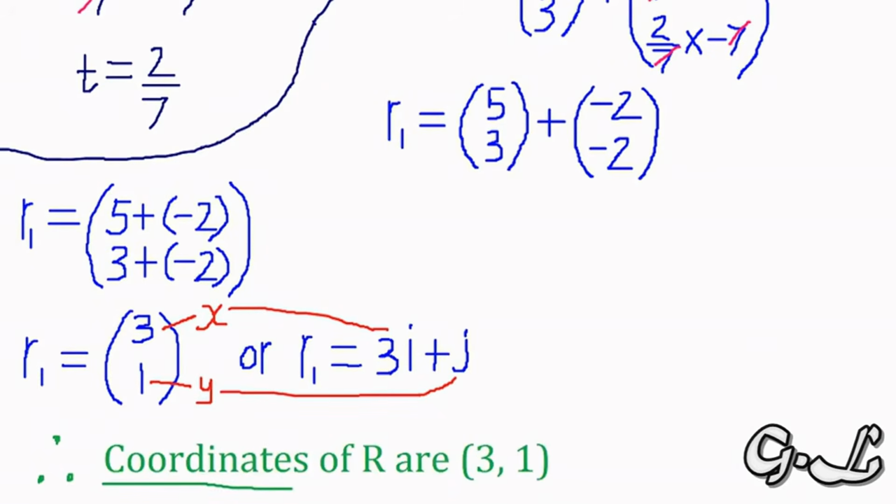So now one thing that you need to keep in mind is that when you consider the column vector form, the term which is at the top is representing the x coordinate, and the term which is at the bottom is simply representing the y coordinate.